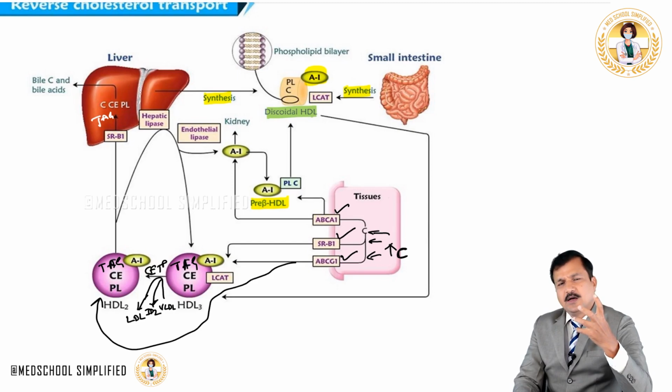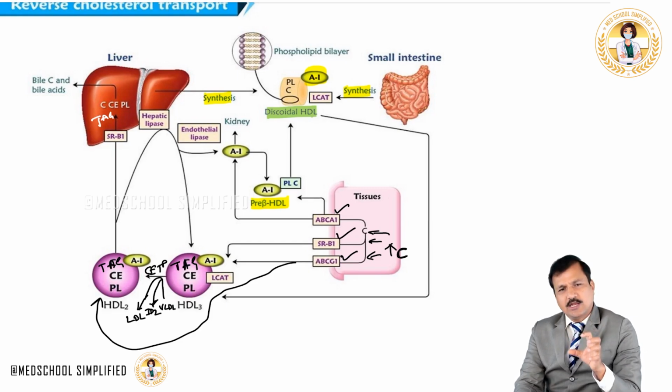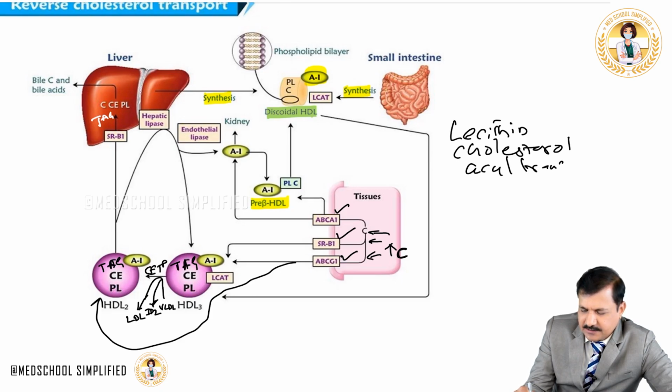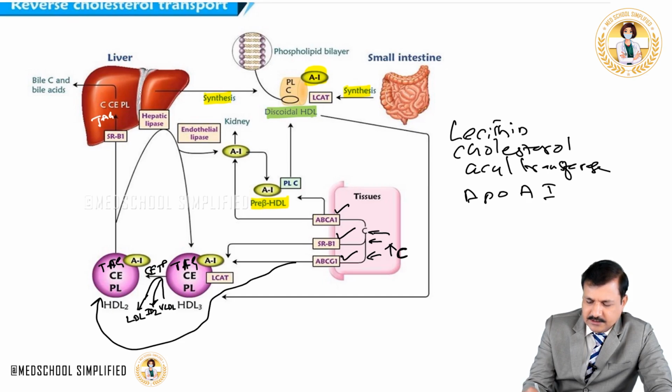With LCAT and Apo A1, this cholesterol will be converted into cholesterol ester by the LCAT enzyme, because LCAT is lecithin cholesterol acyl transferase enzyme, and it is activated by Apo A1. Apo A1 is an activator of LCAT enzyme.